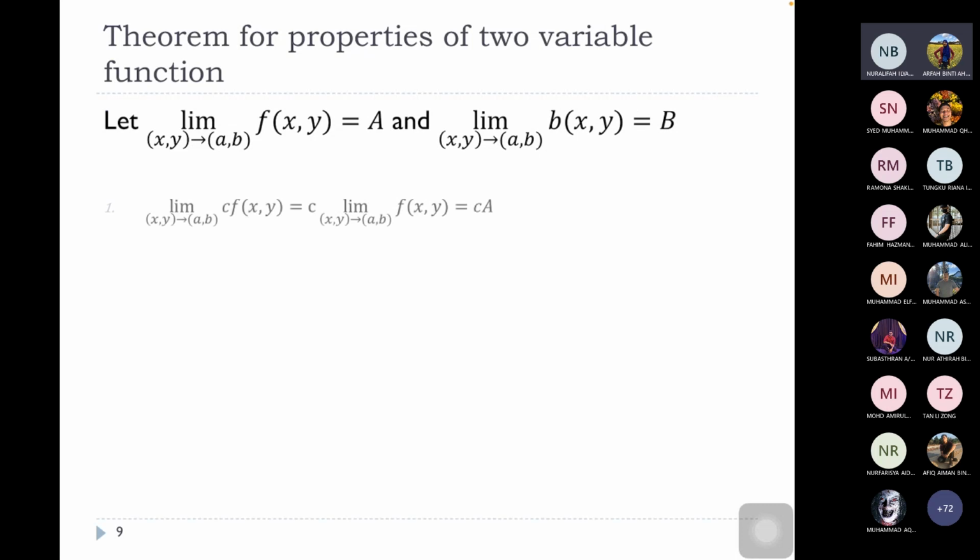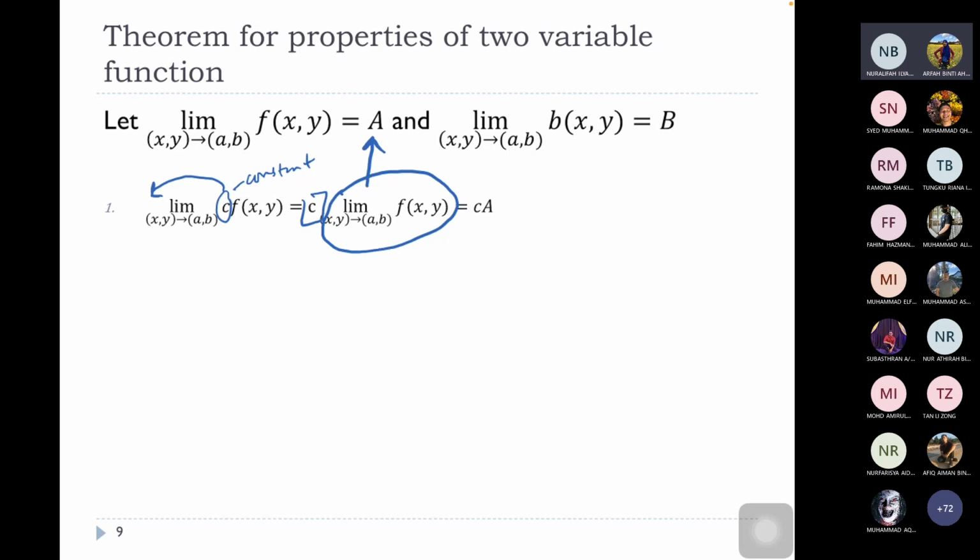So the theorem, the properties: if C is a constant, we can take it out. So we get the limit of C times f(x,y) as (x,y) approaches (a,b), which equals C times A. So that is why finally we have the limit equal to CA.